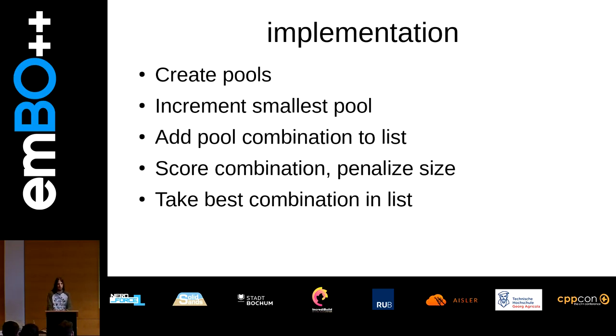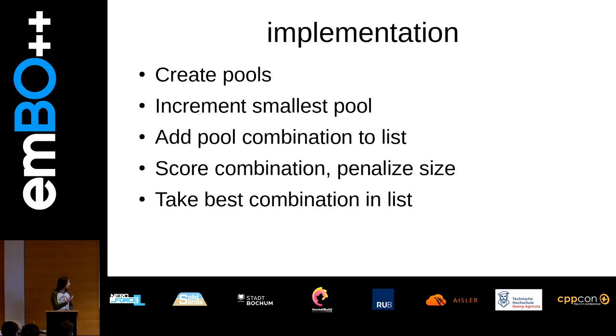So for instance, in the bitmap allocators, the maximum size would be the size of the system bit width. So if you have a 32-bit system, you can only have 32 elements in a pool at maximum, because otherwise the lookup for which elements are free or whether the pool is empty or full would be quite a lot slower.